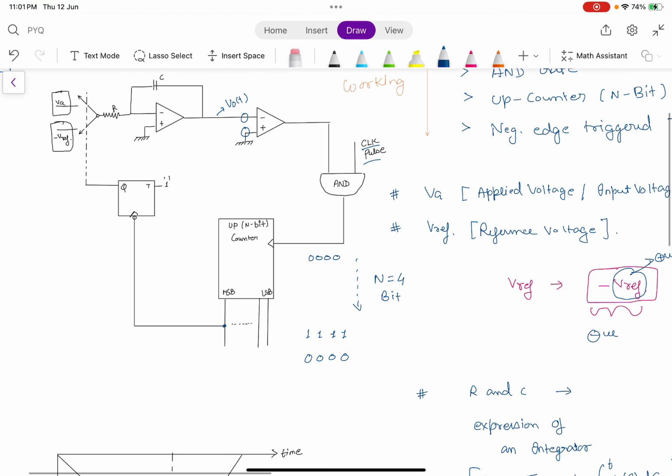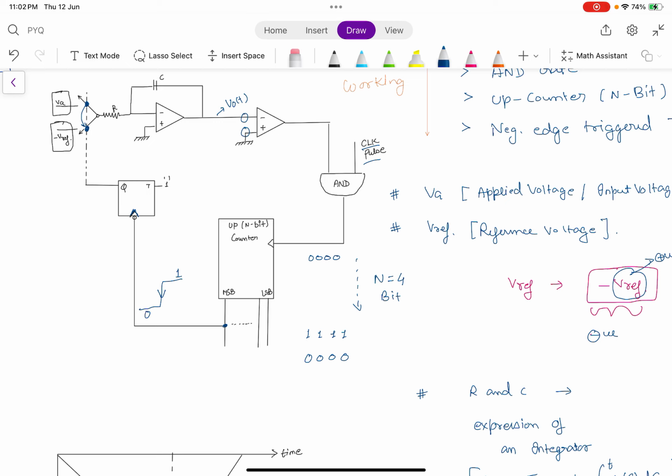One important thing you should see is that the MSB bit of the counter is connected to the T flip-flop, which is negative edge triggered. You should understand the T flip-flop will toggle its state from applied voltage to the reference voltage only when the logic signal goes from 1 to 0.